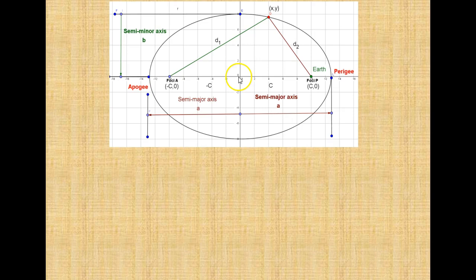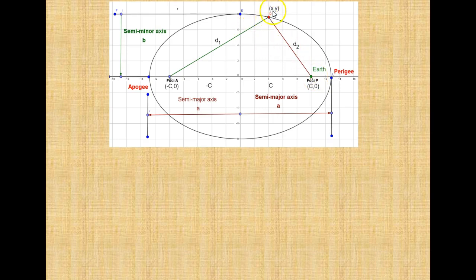The distance from the center of the ellipse to foci A is minus c, and the distance from the center of the ellipse to foci P we call c. So that's minus c, 0 to the left and plus c, 0 to the right.